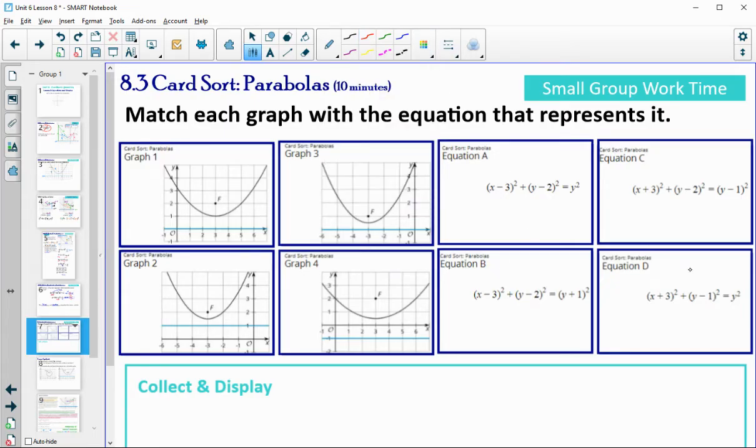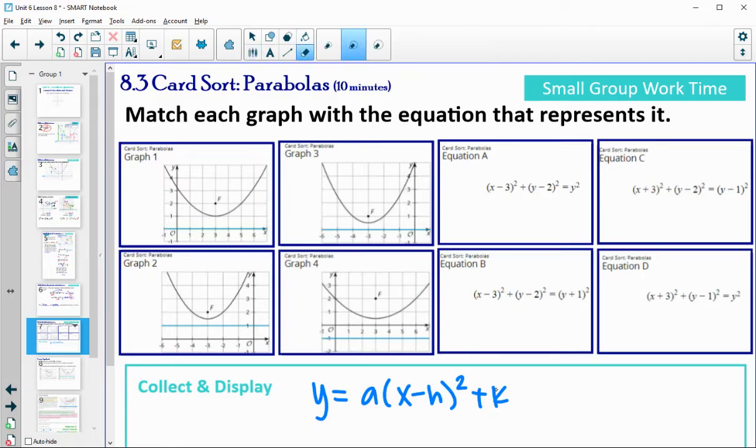All right, so let's take a look. So all of these are written with the focus, okay, and we can tell because it's equal to the y squared, okay, versus the vertex form was y equals a times x minus h squared plus k. So only the x part was squared.